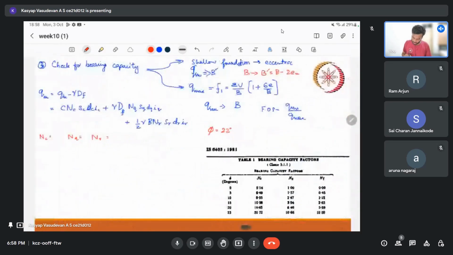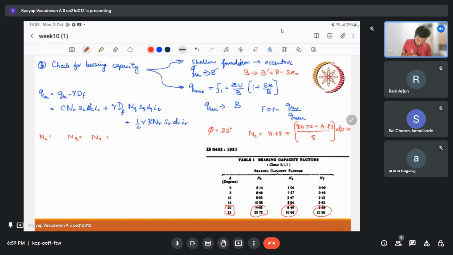Corresponding to 22 degrees, we have values for 20 and 25, and we are supposed to interpolate these two values for N_c and N_gamma. I already interpolated, so I just show one example. For finding N_c for 22 degrees, I can find it as 14.83 plus (20.72 minus 14.83) divided by the difference of 20 and 25, which is 5, times 22 minus 20.